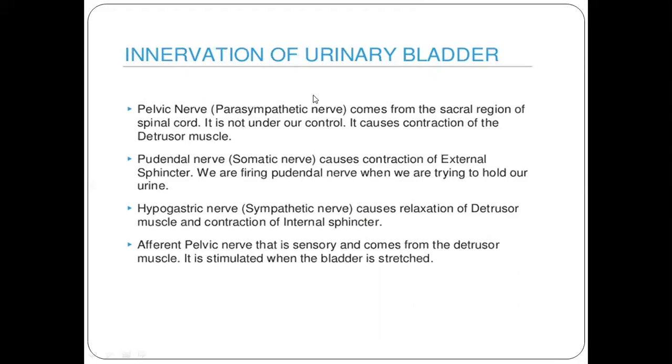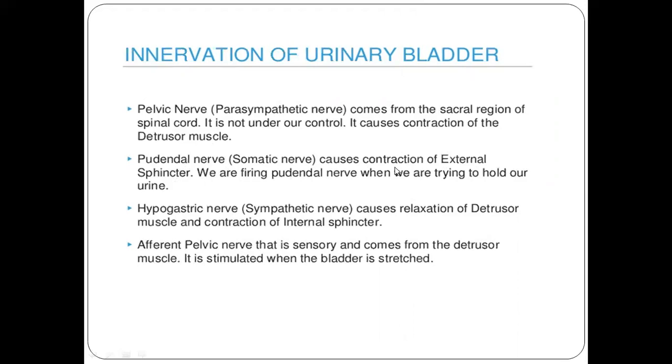Sympathetic nerves relax the bladder and produce contraction of the sphincter vesicae, and the pudendal nerve produces contraction of the external urethral sphincter. So it depends whether the condition is favorable or not favorable.